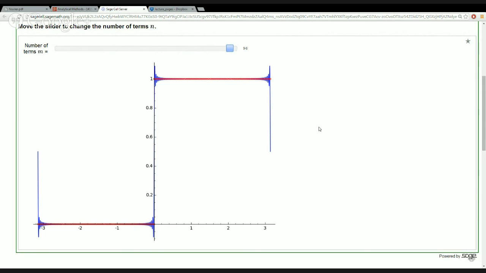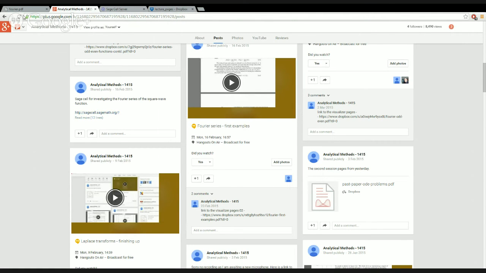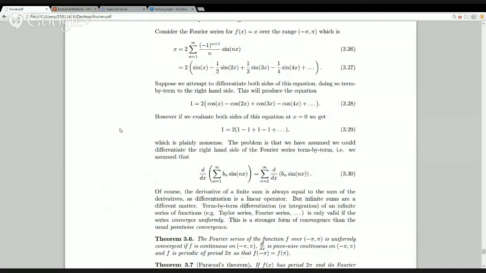Now, how does this relate to the differentiation of the Fourier series term by term? Well, being uniformly convergent is a condition that allows you to differentiate term by term. Okay.